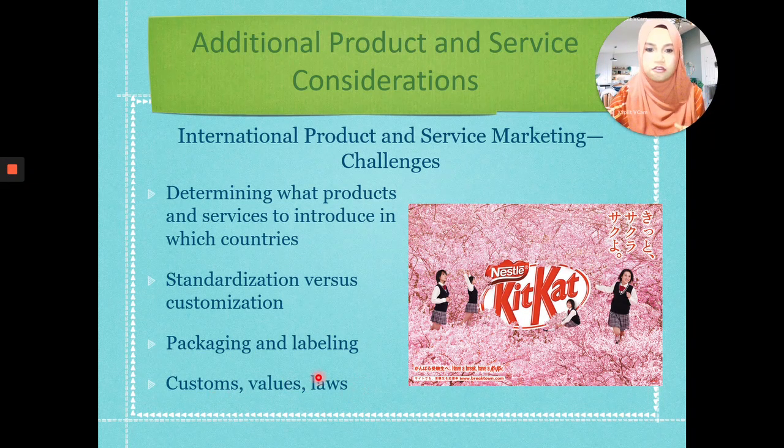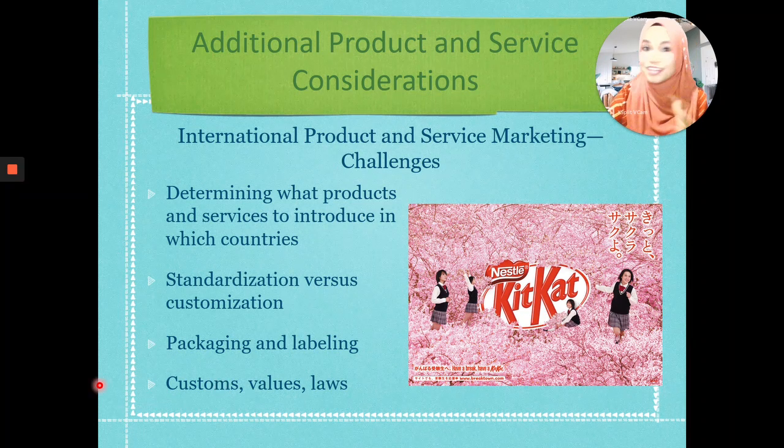And of course, the laws: for example, in Brunei, if you want to export your Tiger or Heineken beer, you can't do that because the law in Brunei is that you can't sell any alcoholic drinks. Those are related to the law, and even some countries like Saudi Arabia require certain halal certification before you export your product to their country.